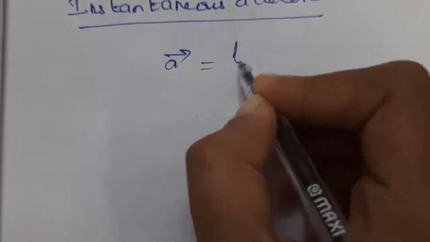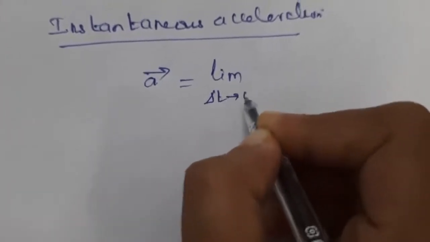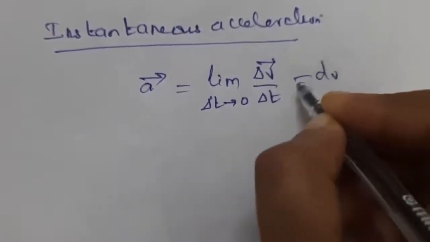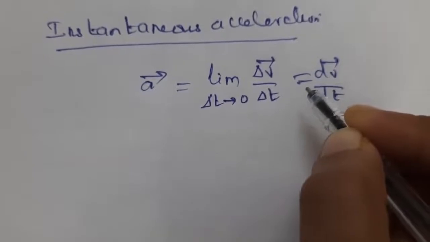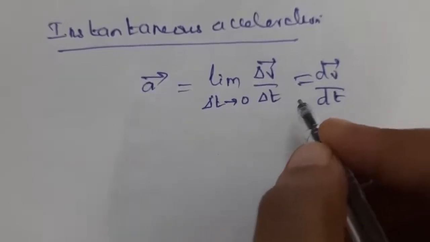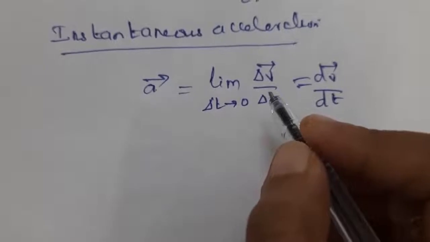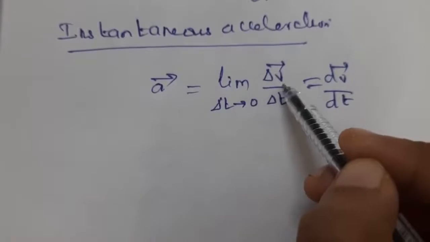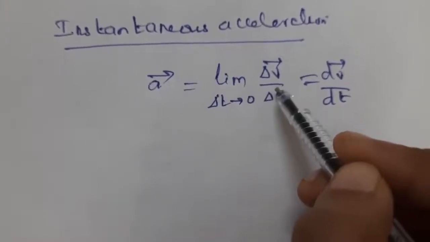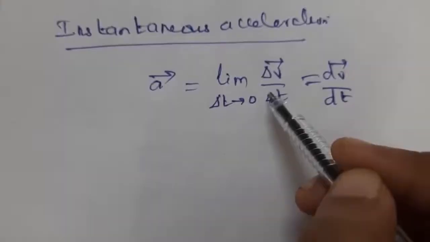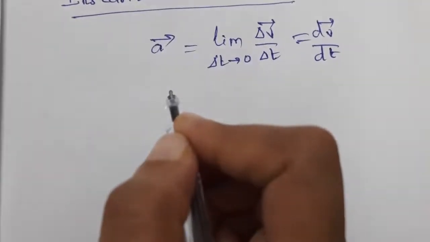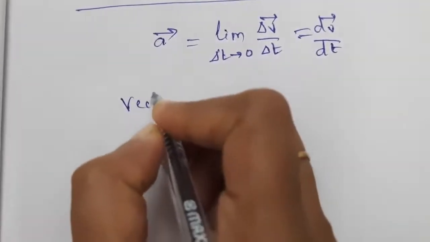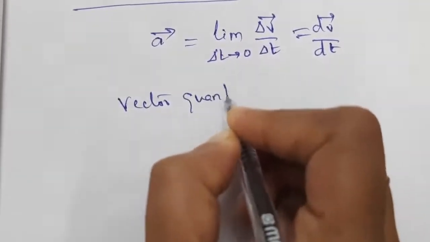So, a equal to limit delta t tends to 0 of delta v by delta t, that can be written as dv by dt. Same as what we have learned in average velocity and instantaneous velocity. So, acceleration at a particular time instant t is equal to the rate of change of velocity. It is also a vector quantity.